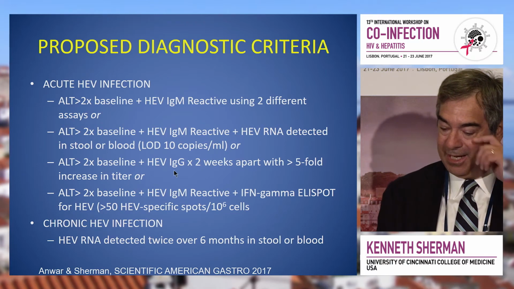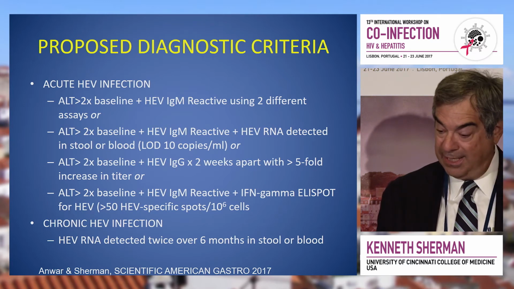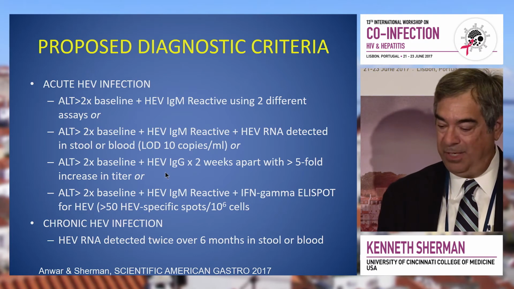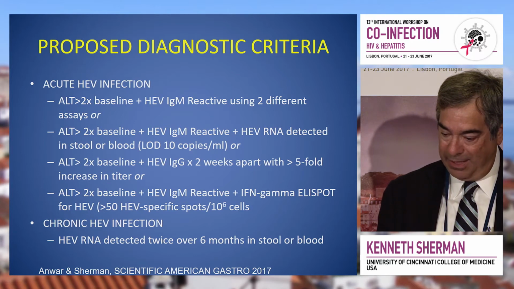ALT, again, elevated. We've used IgG with rising titers, a very traditional virologic method, and that seems to be effective as well. Or, as I said, the interferon gamma ELISpot is confirmatory but not available.